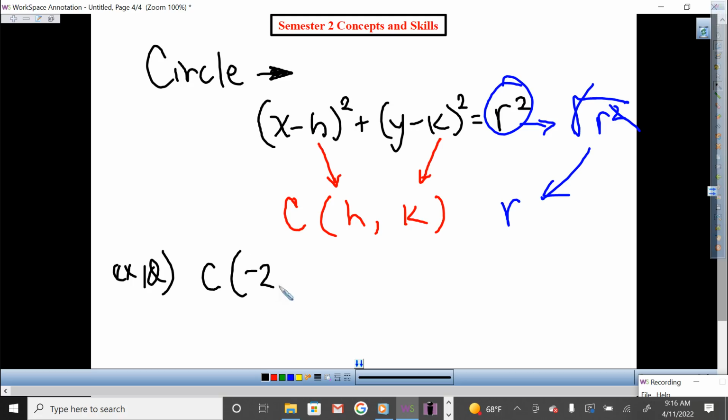Center -2, 4, radius 3. Write me a standard form equation using that center and using that radius.